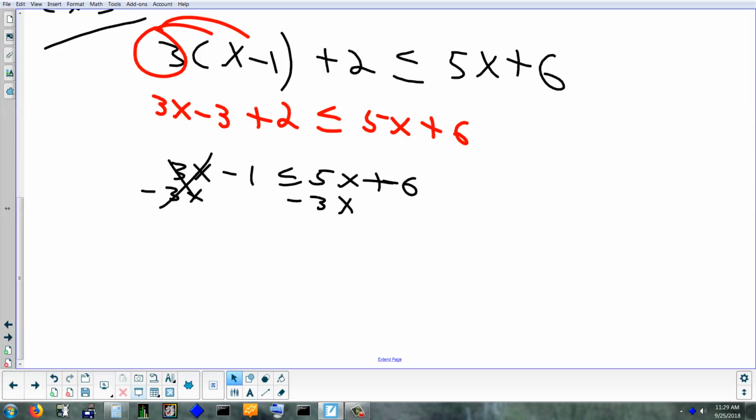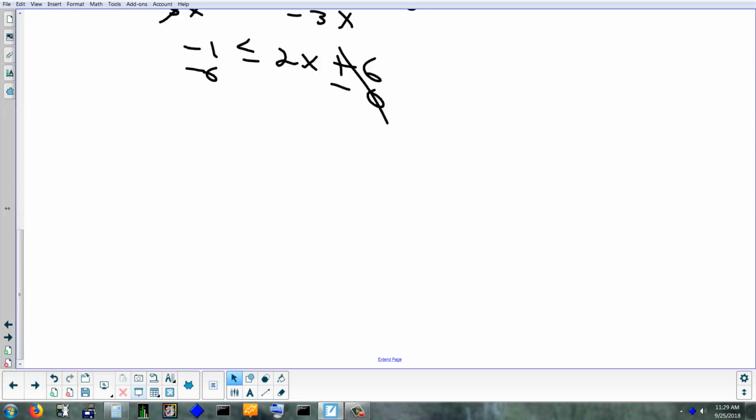Usually we like the variable on the left with an inequality, but we can fix that after. So negative 1 is less than or equal to 2x plus 6 minus the 6. Negative 7 is less than 2x. Or should I have just flipped the sign there? Because I subtracted from each side.